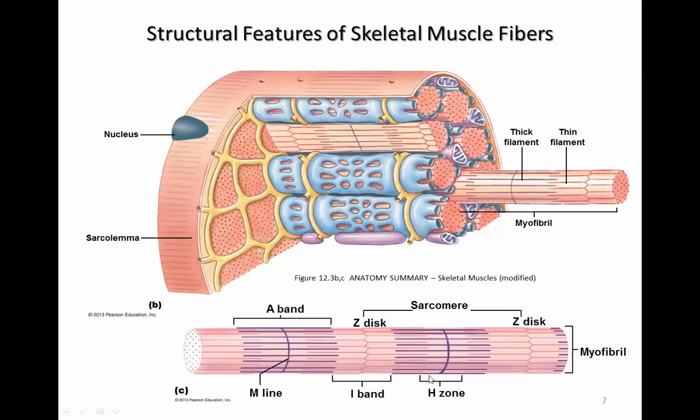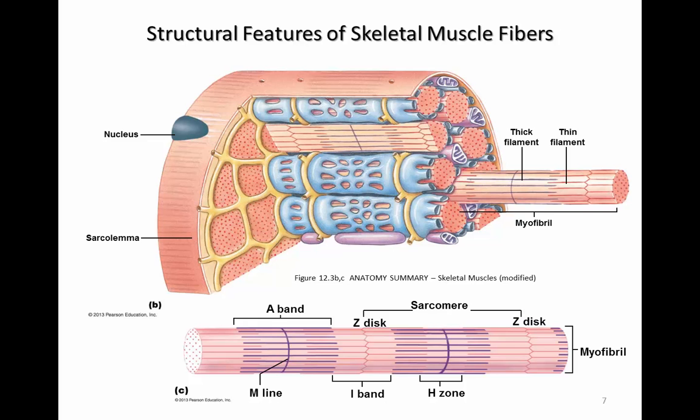In the center of the A band there is a zone that's slightly less dense, and it's called the H zone. It is the interaction of these filament systems that then helps to control muscle length and force generation, and we'll develop that story as we move through these slides.